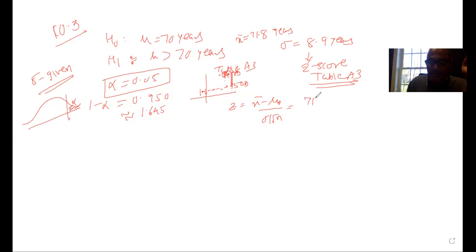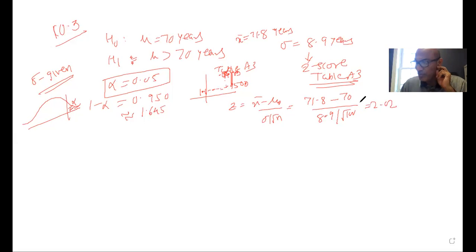So I can write 71.8 minus nu, which is 70, divided by sigma, 8.9, over square root of n, that is 100. If you use your calculator, you get 2.02.